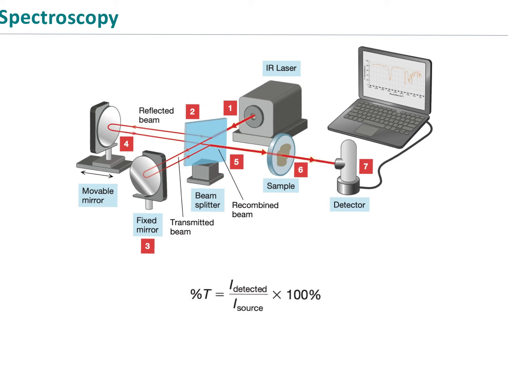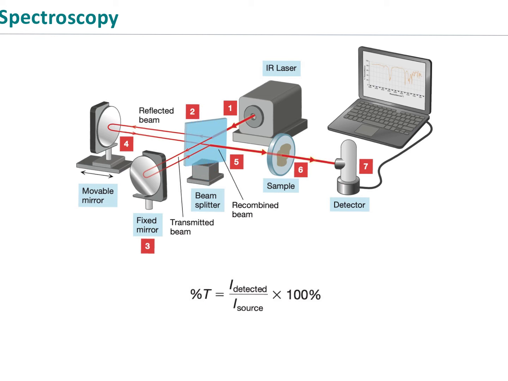Now, as I mentioned before, this is the general setup for a modern spectrophotometer. Let's start over here with 1. Here's your IR laser, and a beam of infrared radiation is directed towards the beam splitter. The beam splitter here is at 2.